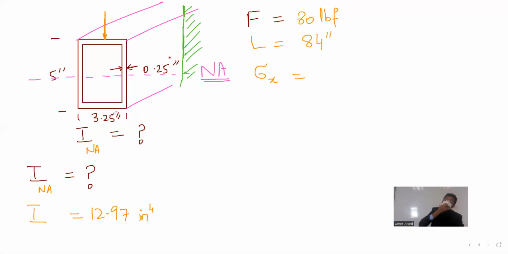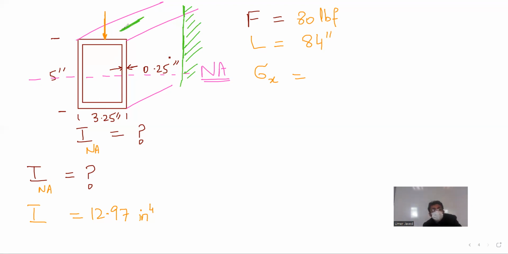Give me the stress X, everyone. This again goes through the centroid. When I bend, this will become like this. So of course you are finding the moment of inertia about the neutral axis.